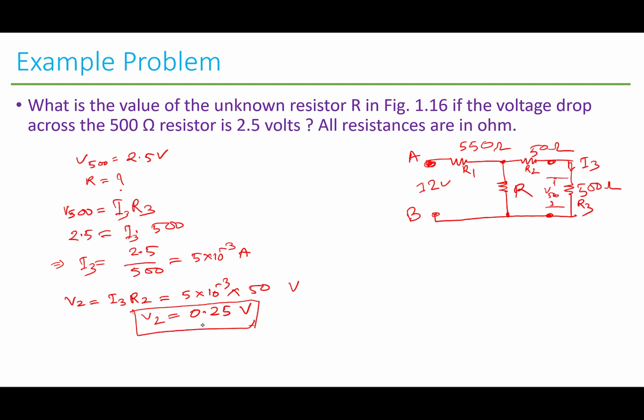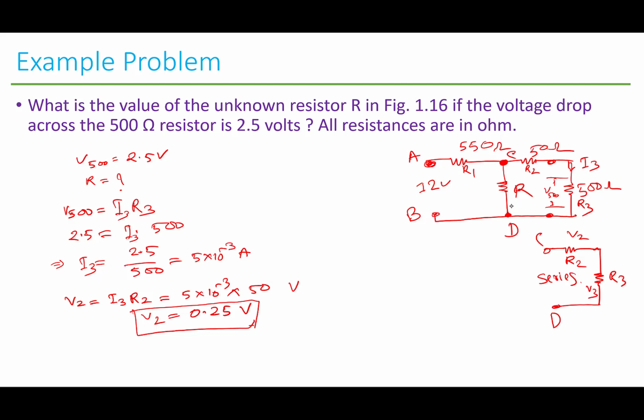Now we know the voltage drop across this. Say this is terminal C and this is terminal D. So resistors R2 and R3 are connected in series between the C and D terminals, right? So the voltages, V2 and V3, will be additive.